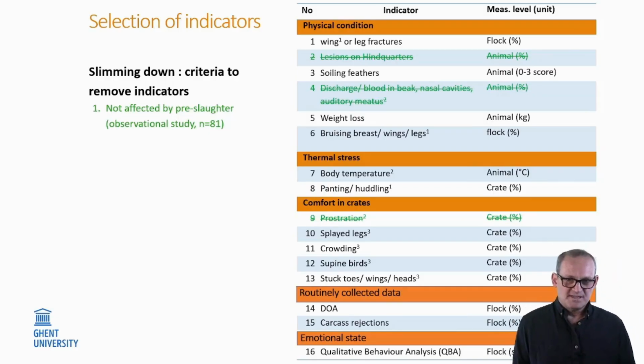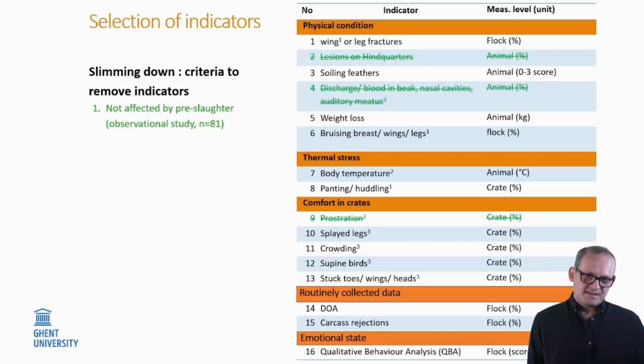The first one is that we did a study on 81 flocks in which these 16 welfare indicators were assessed throughout the pre-slaughter stage. And we discovered that there were three indicators on our list that weren't affected by the pre-slaughter stage, that the prevalence of these welfare problems didn't increase during pre-slaughter.